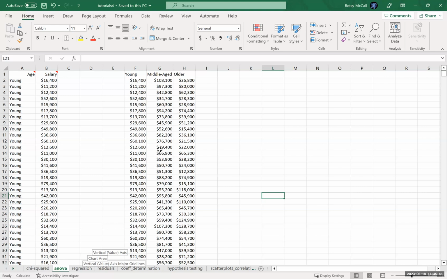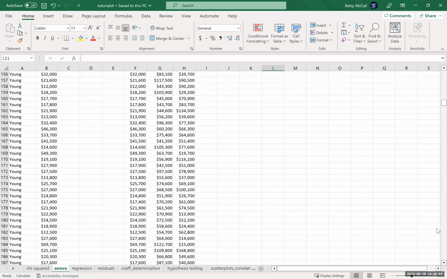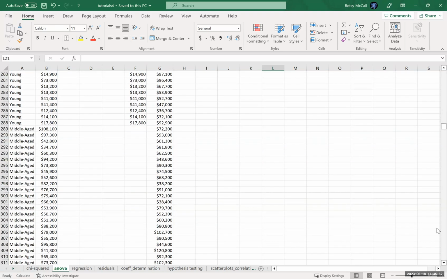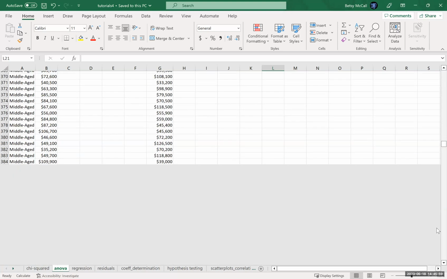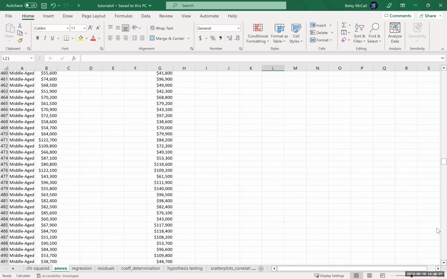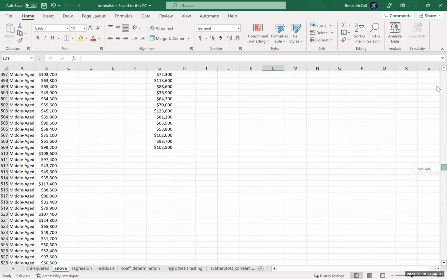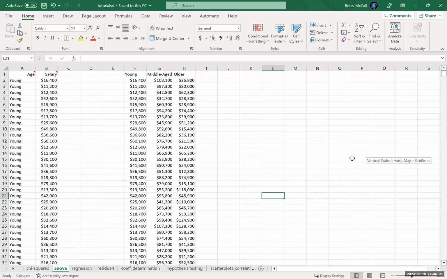ANOVAs do not have to have the same number of values in each of the groups. In fact, it turns out that we do have different quantities. There are fewer older people and younger people, and lots and lots of middle-aged people. But that doesn't matter for Excel.